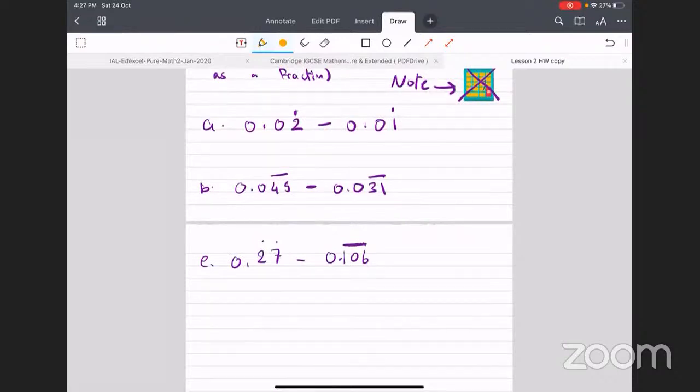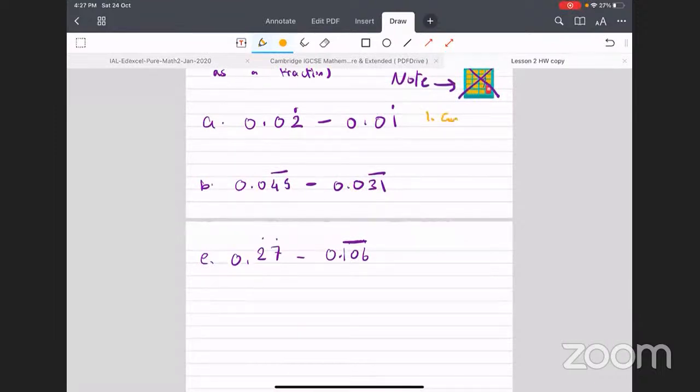Actually, it can be solved very easily. First of all, you convert to fractions. Then subtract fractions.